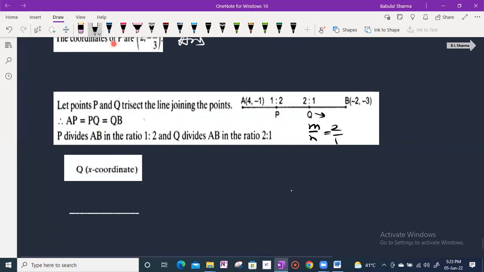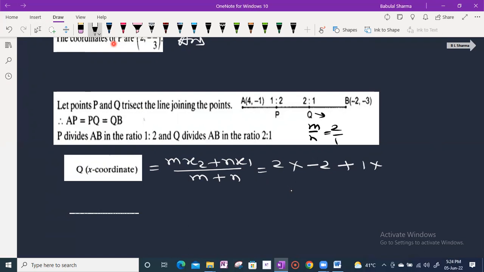बार बार आप सेक्शन फॉर्मूला लिखिएगा, (mx2 + nx1) upon (m + n). m है 2, x2 है minus 2 plus n है 1, x1 है 4 upon m plus n, 2 plus 1.